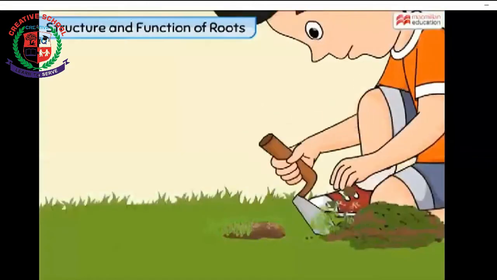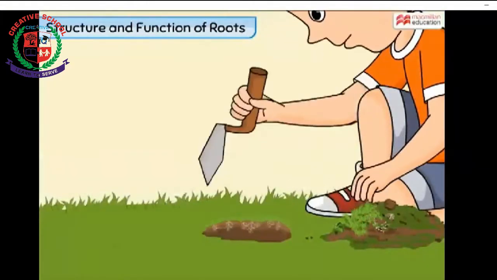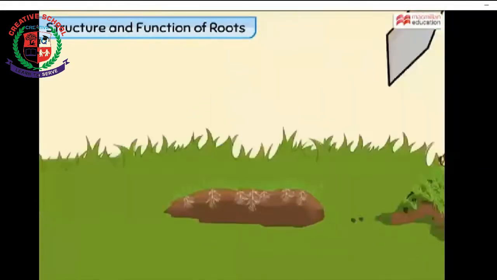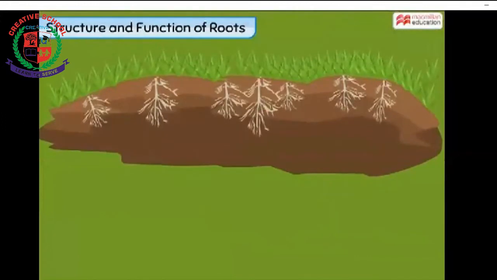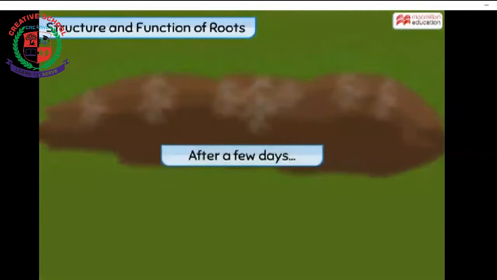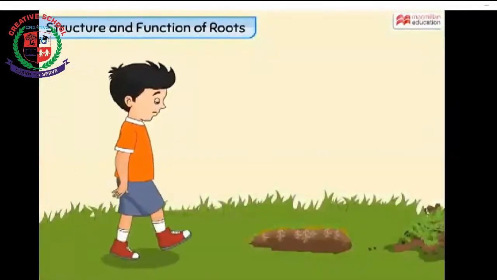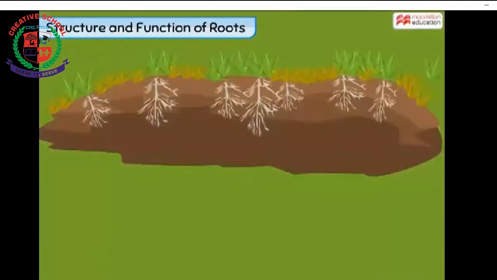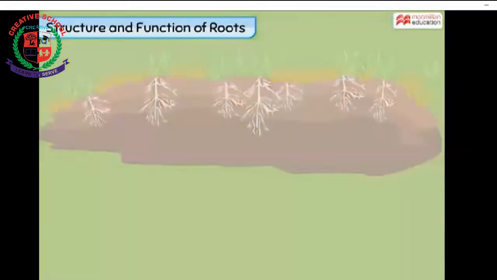Okay, so this boy is digging a hole in the ground. Can you see the roots of a plant, a grass plant, which is a fibrous plant? After a few days, he came and saw the plant. What happened?